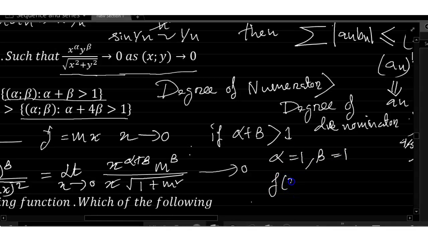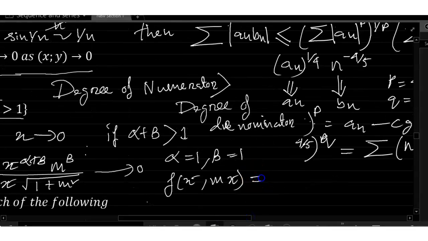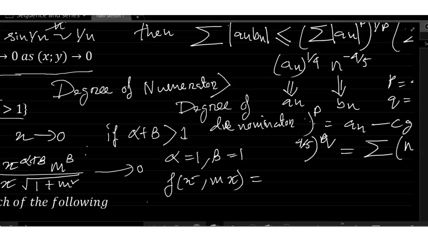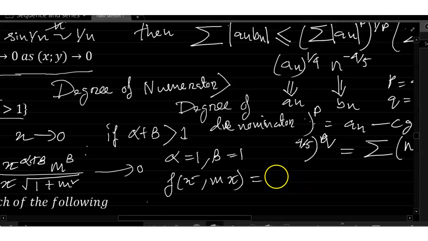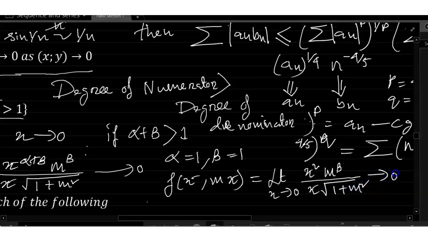So f(x, mx) equals limit x tends to 0 of x square m to the power beta divided by x root over 1 plus m square, which tends to 0.